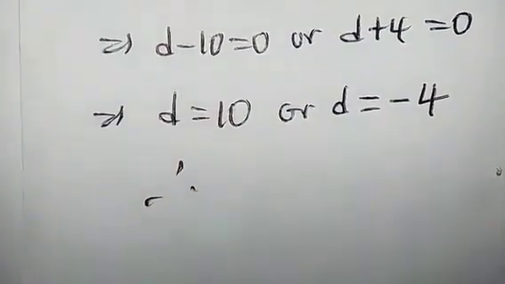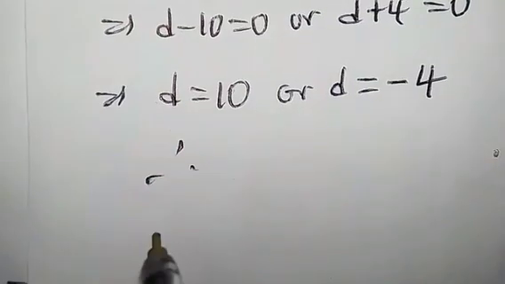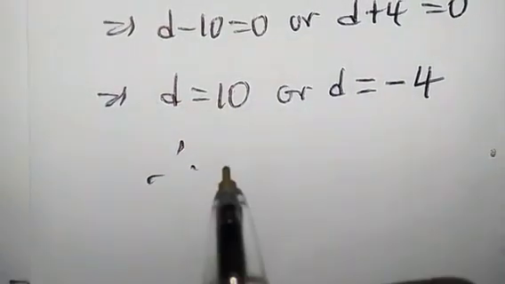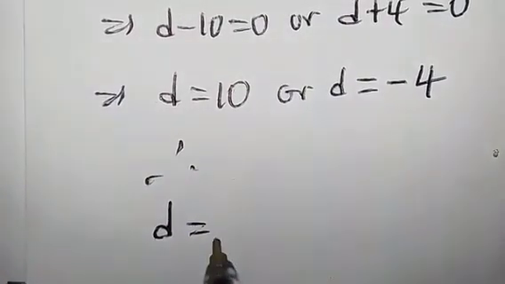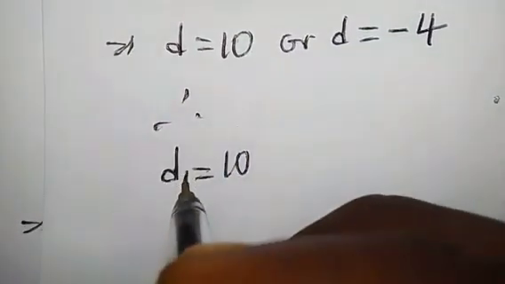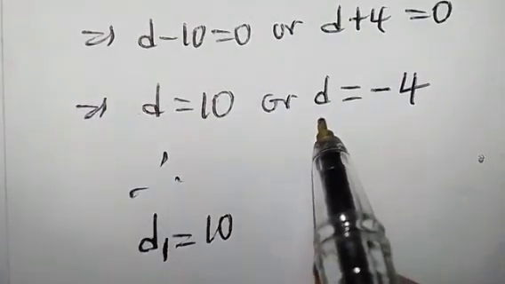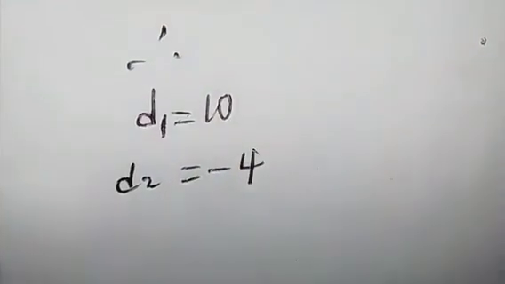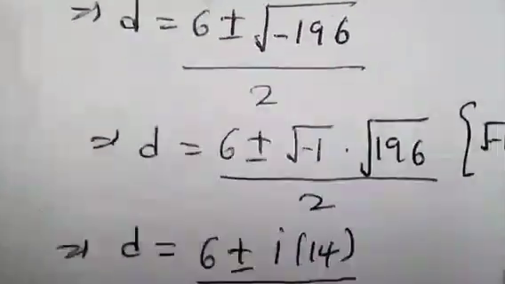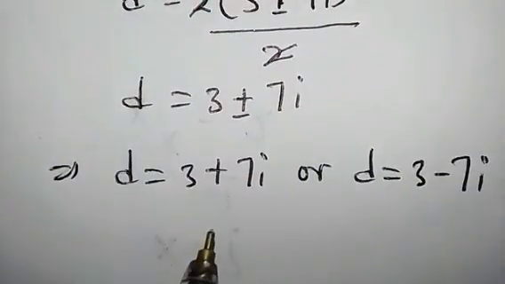So therefore, all the solutions that we have for this algebra problem are: the first and second are real solutions. d1 = 10, d2 = −4. And the other solutions that we first obtained are 3 + 7i and 3 − 7i.